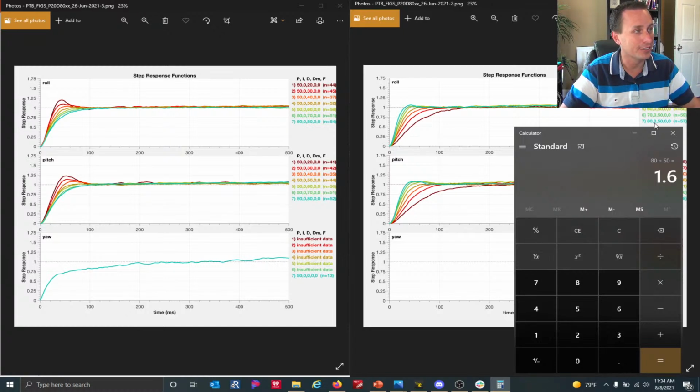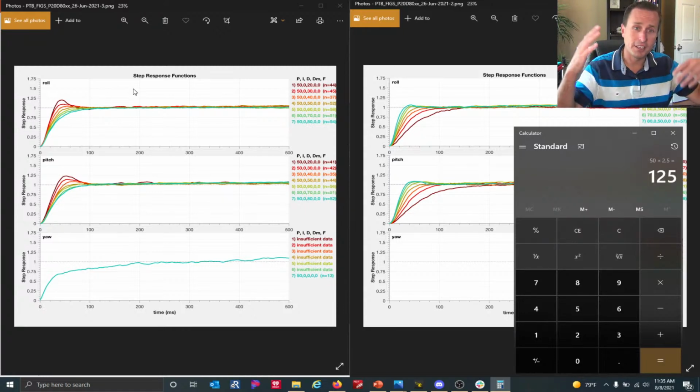If you keep moving this 80 up, so it would be 50 times 2.5, instead of 80 it'd have to be 120. So that this blue line would equal exactly what this does. It's a different flight, so you have a little bit of fluctuation of error, but it would look the same as this other line over here. So that's why these plots don't look the same, but you can see either way.